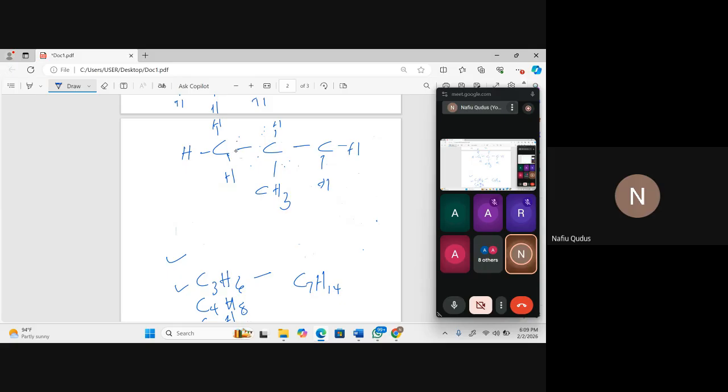So it can be named like this, which is a branch. It has a branch. This is what we call a substituent. So it's either straight chain or branch chain.